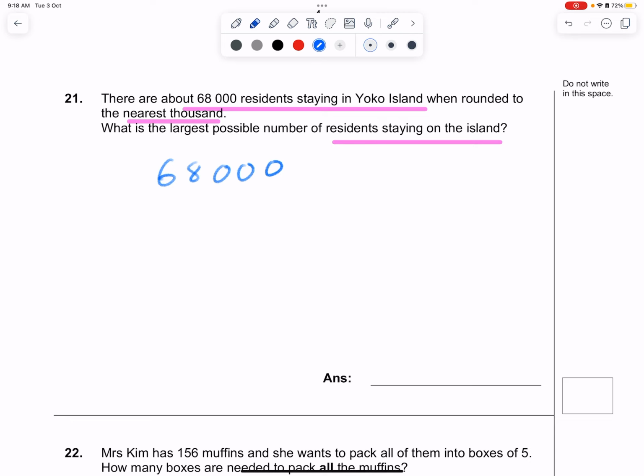Now rounded off to the nearest thousand, the largest possible. In this case, because you are rounding off to the nearest thousand, you will look at the number before that. Correct?